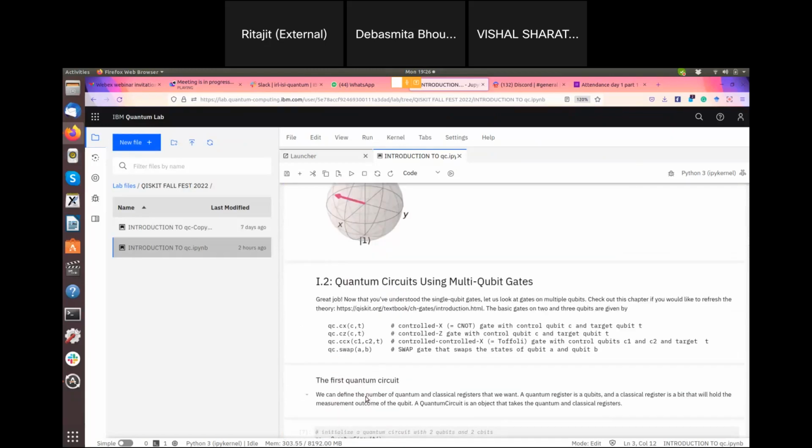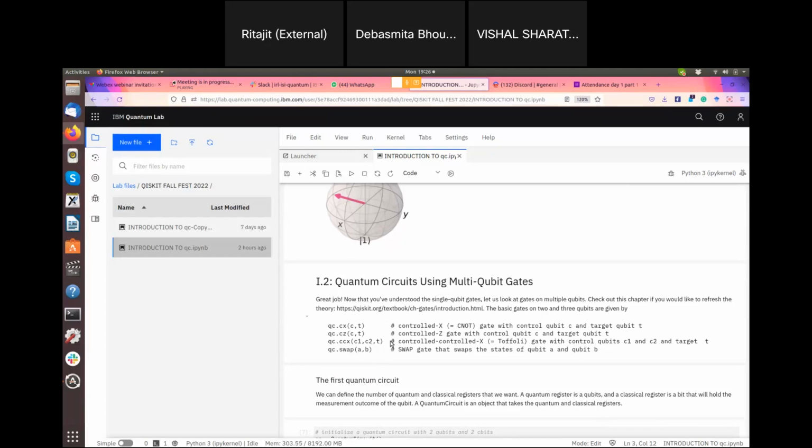Now these were all about single qubit gates. You have already seen two qubit gates. The most basic one is the CNOT gate. CNOT is the controlled NOT gate. As you have seen, there are a control qubit and a target qubit. If you just remember, if the target qubit is 0 and the control qubit is also 0, then it does nothing.